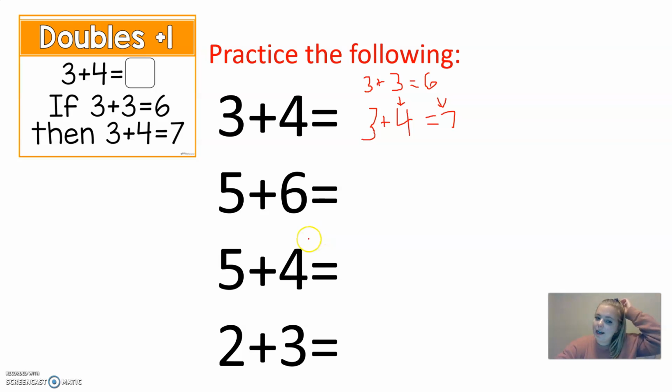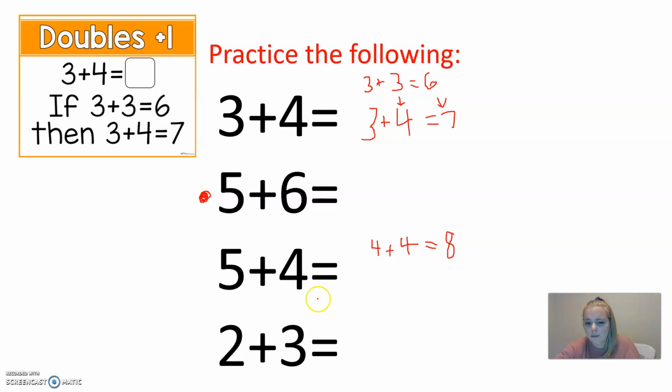Let's try. I'm going to let you do 5 plus 6 on your own. Okay? Remember, 5 plus 6 is like 5 plus 5. And let's do this one together, 5 plus 4. So I'm going to do the doubles problem, 4 plus 4, which I know equals 8.